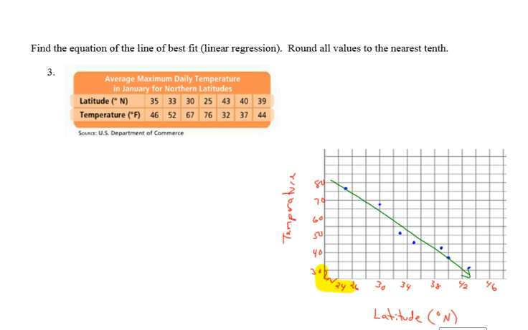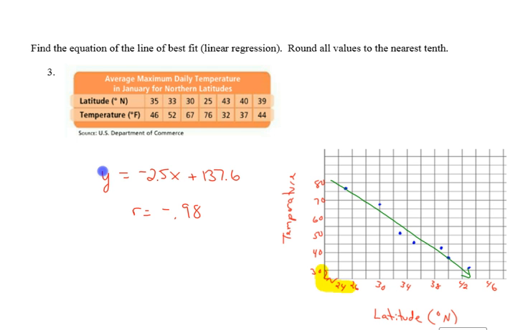When you do that and you round all your values to the nearest tenth, you should get y equals negative 2.5x plus 137.6. The R value that you get for this linear regression is negative 0.98. Now we use that correlation coefficient, the R value, to tell us what kind of correlation we have.